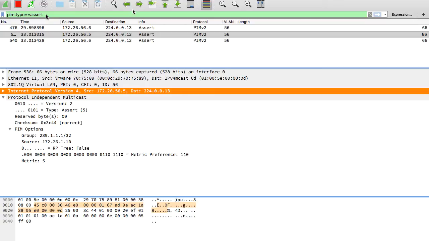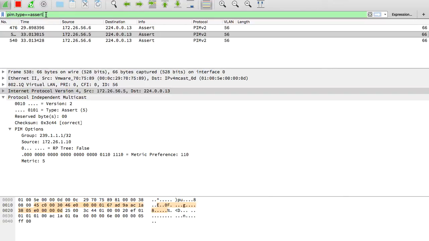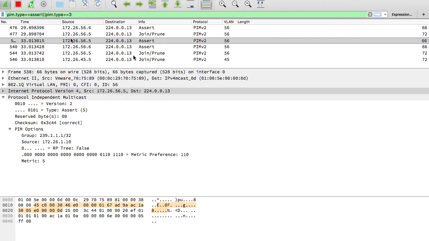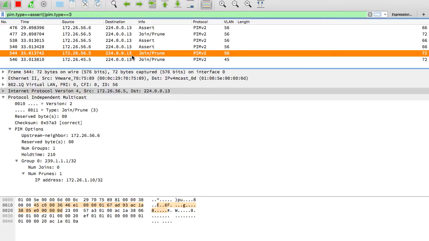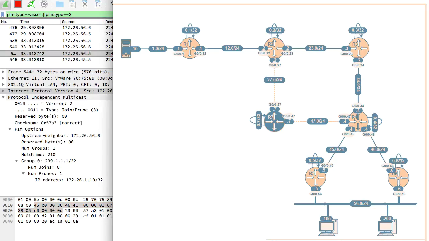And what 5 should then do is it should also send a prune. What was it, 3, I think? Yep. So after the assertion was won, 5 actually pruned itself from that particular VLAN. So once the assertion takes place, R5 will send 2 prunes.